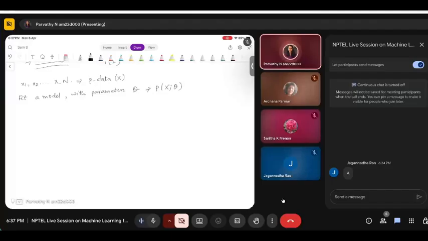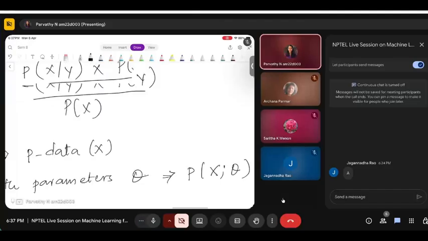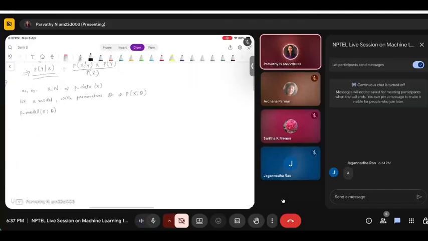This is our model, p model of x comma theta, and this is our data and the actual distribution of our data. We don't know what this is. Now, what we want is for the model that we are going to fit to learn the distribution of the data to be very close to the actual distribution that was used to generate this data.